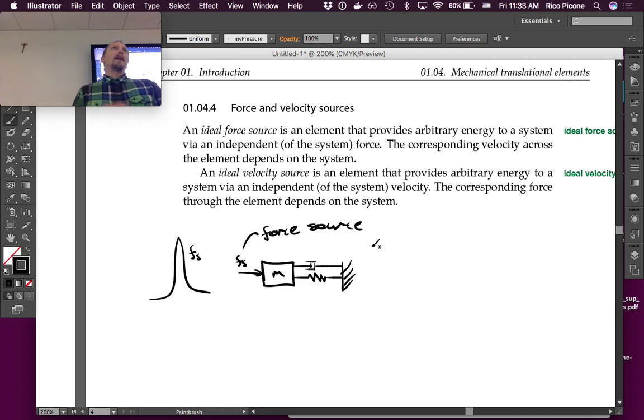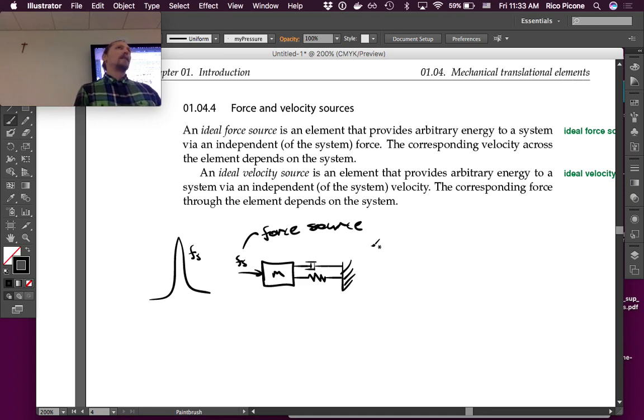You could think of the engine as being a source, even though in a certain sense it's part of the car system. You could think of the energy that it's providing as coming from the fuel, which we're considering to be outside. So it's providing energy in the form of, when we get to the rotational elements, torque, for instance.